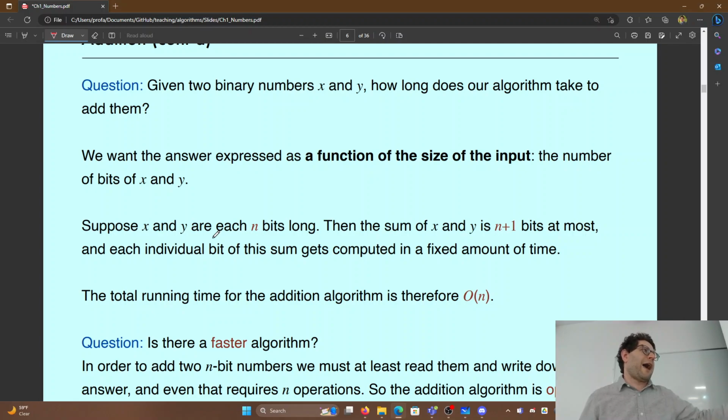Another way to think about why this takes a linear amount of time: it took us O of n time to write the first number, O of n time to write the second number, and then O of n time to figure out each of the n characters. Here we were assuming that they were each n bits long, because that's basically our worst case scenario. They're both as big as each other.